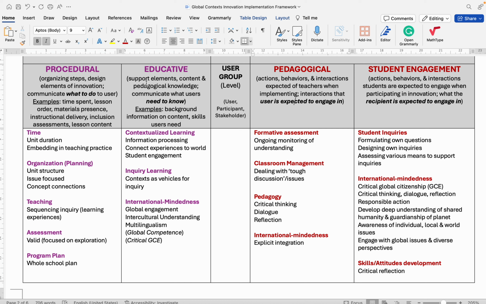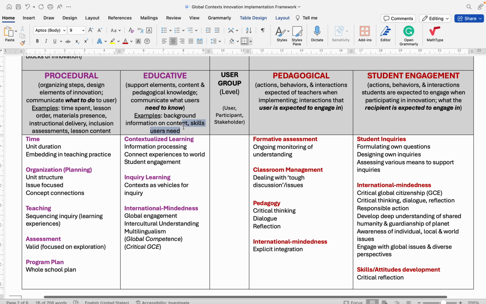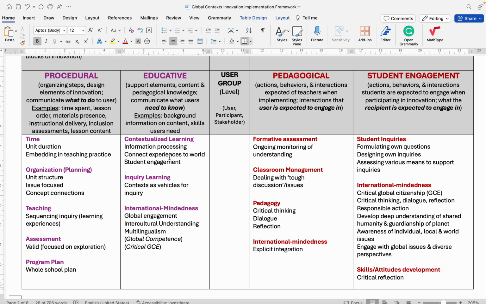So one thing I'm finding is that, at a big level, there are a lot of procedural components. There are also a huge amount of educative components, and again, this is not finished.